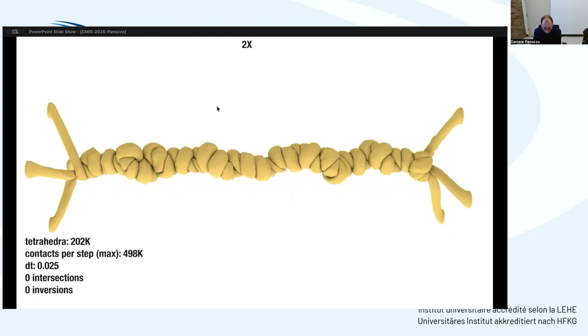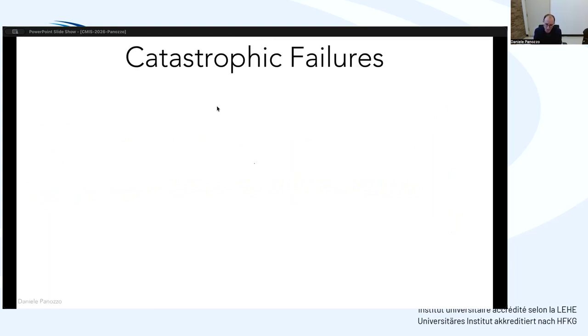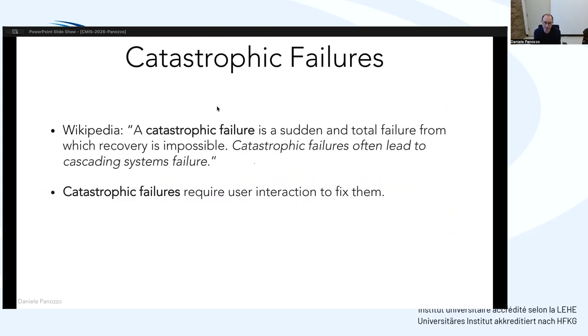The main goal, and that's why I feel like it's going to be quite a different talk with quite a different set of techniques, is preventing catastrophic failures. Let me recall what a catastrophic failure is: a failure of a system which doesn't recover, meaning that usually it requires the user to fix it.